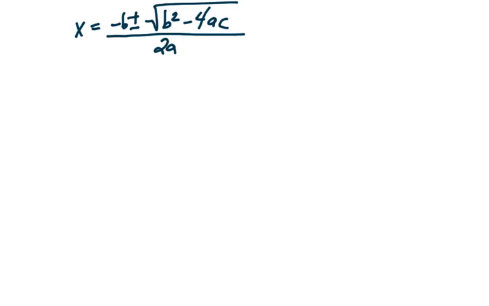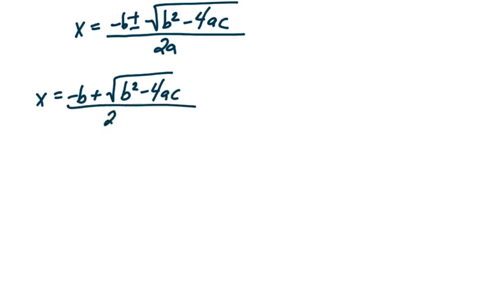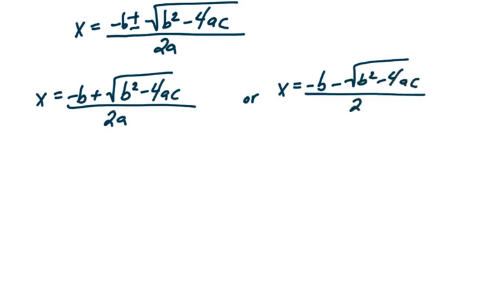So over here, let's do the plus. x is equal to negative b plus the square root of b squared minus 4ac all over 2a. And over here, let's do x is equal to negative b minus the square root of b squared minus 4ac all over 2a.